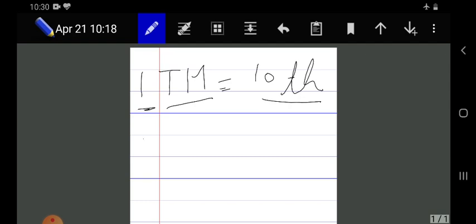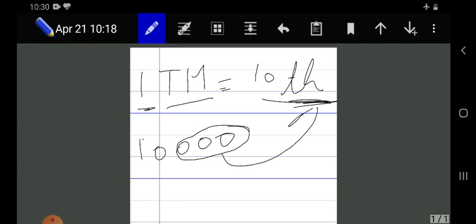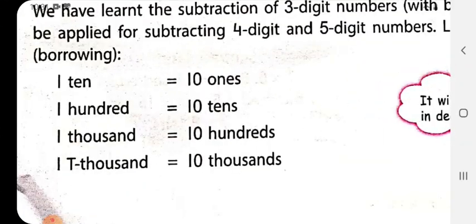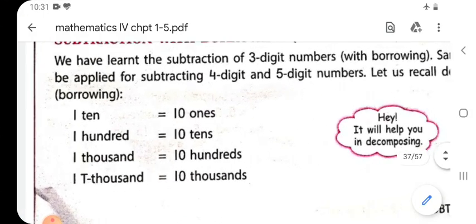In 10,000 we are having 4 zeros, and in 1000 we are having 3 zeros. It will become 1000, and the rest will be 10, so 10 thousands. Clear? So this is the method we use for decomposing.